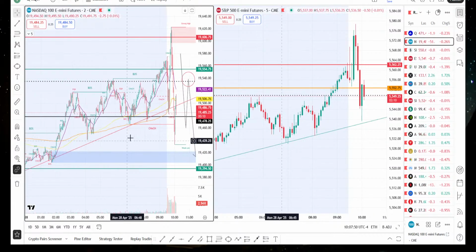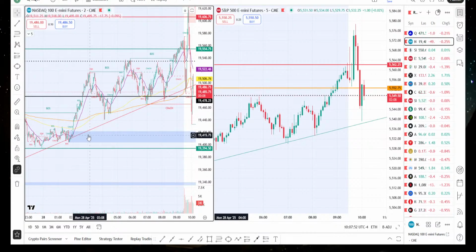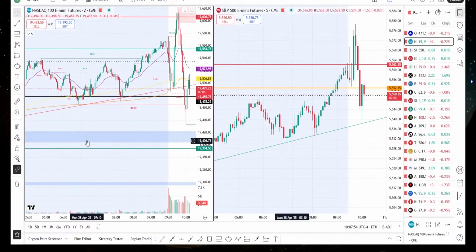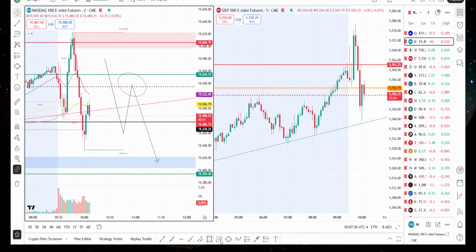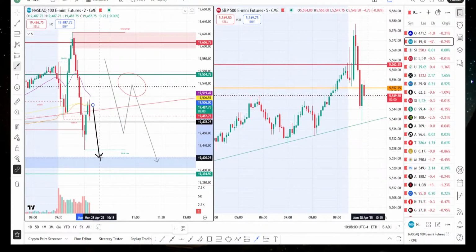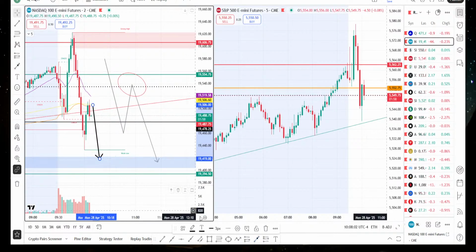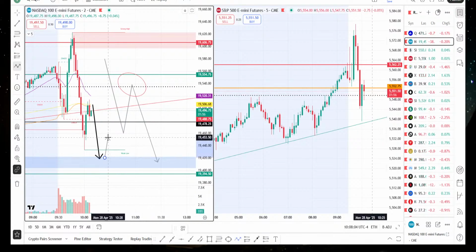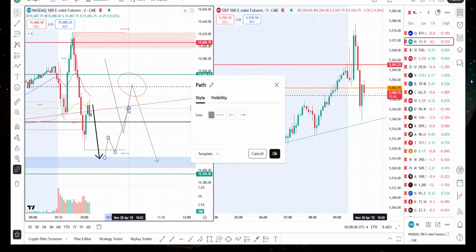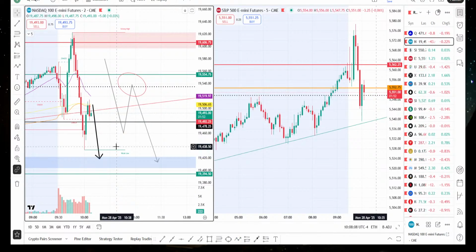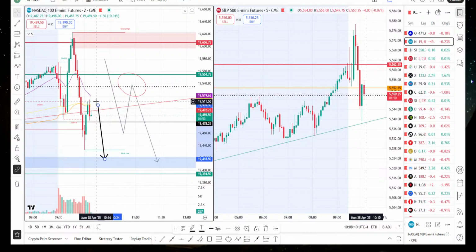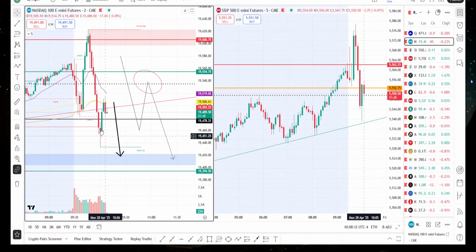And we have a demand zone down here that hasn't been mitigated yet. So the chances are that if sellers do step in here, they'll bring price down to this demand zone before buyers have a chance to then bring this back up again. We have a nice engulfing candle here on the 2-minute.